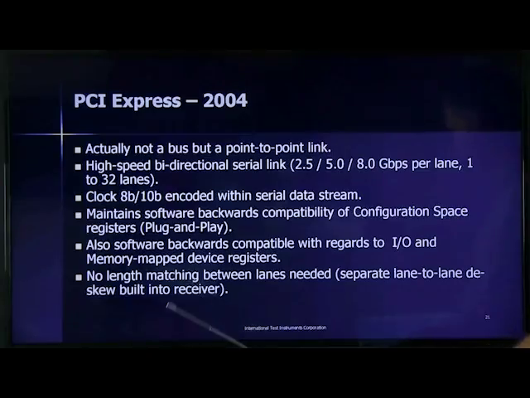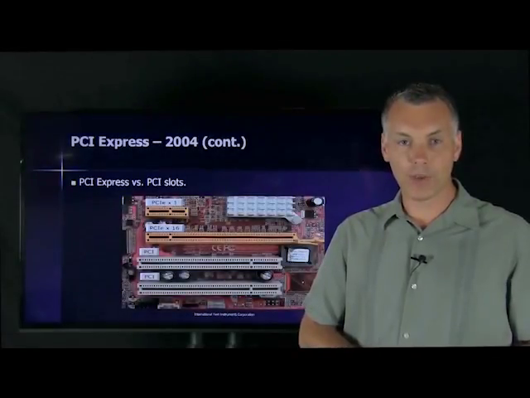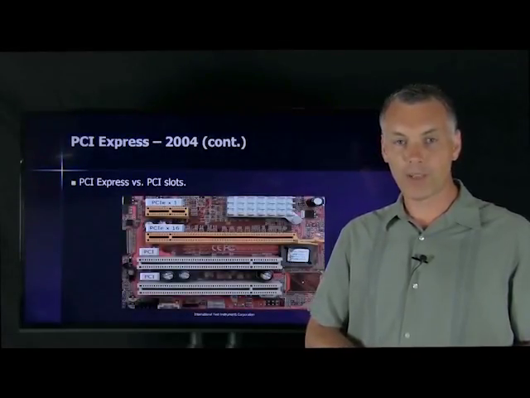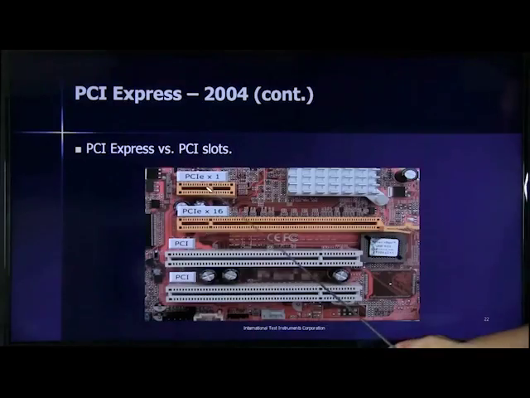This slide behind me shows how PCI Express slots look in comparison with the older PCI slots. You can see that the slots are very similar. The difference is that the PCI Express slots have a different size depending on the number of data lanes it uses.